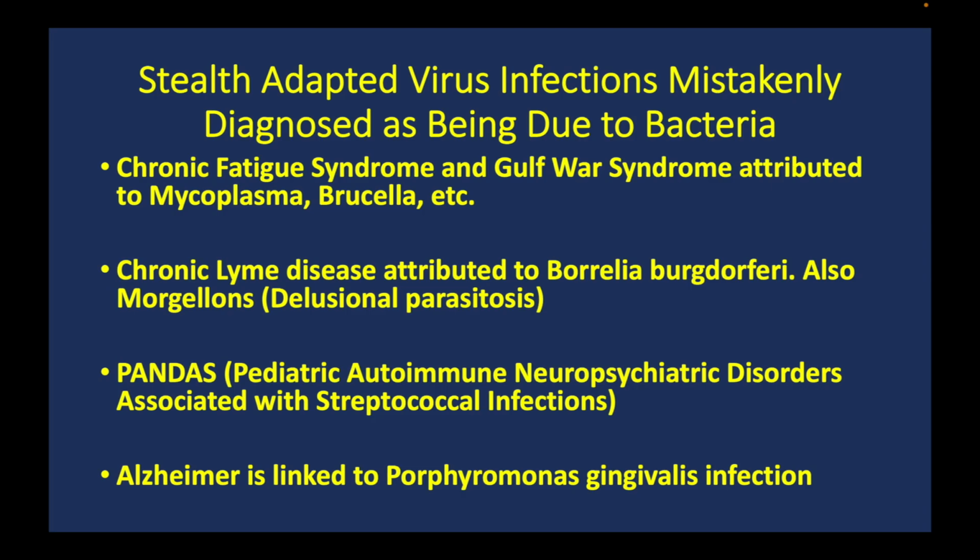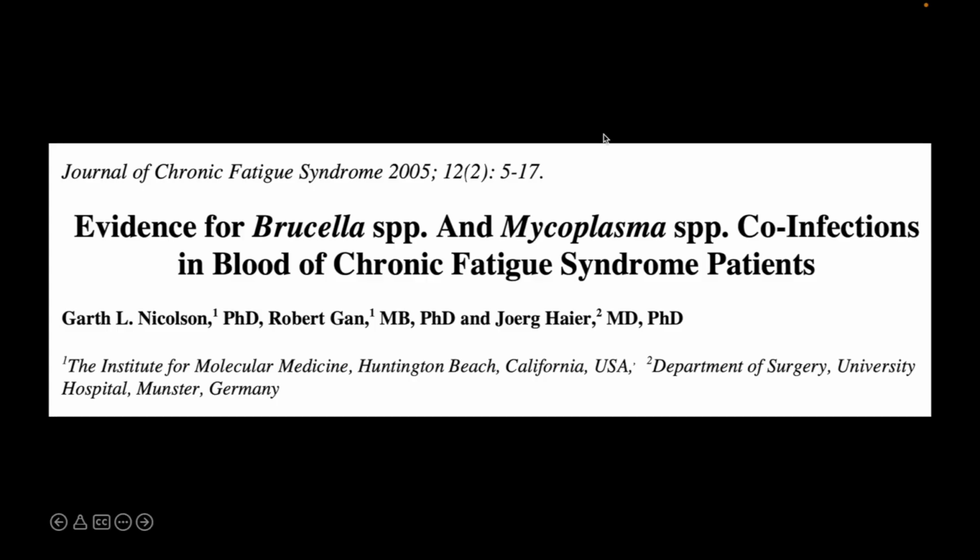One example was an article back in 2005, and other people have similar data where they could do molecular assays, not particularly precise, but molecular assays, and they could find evidence of Brucella and Mycoplasma species co-infecting patients with chronic fatigue syndrome.